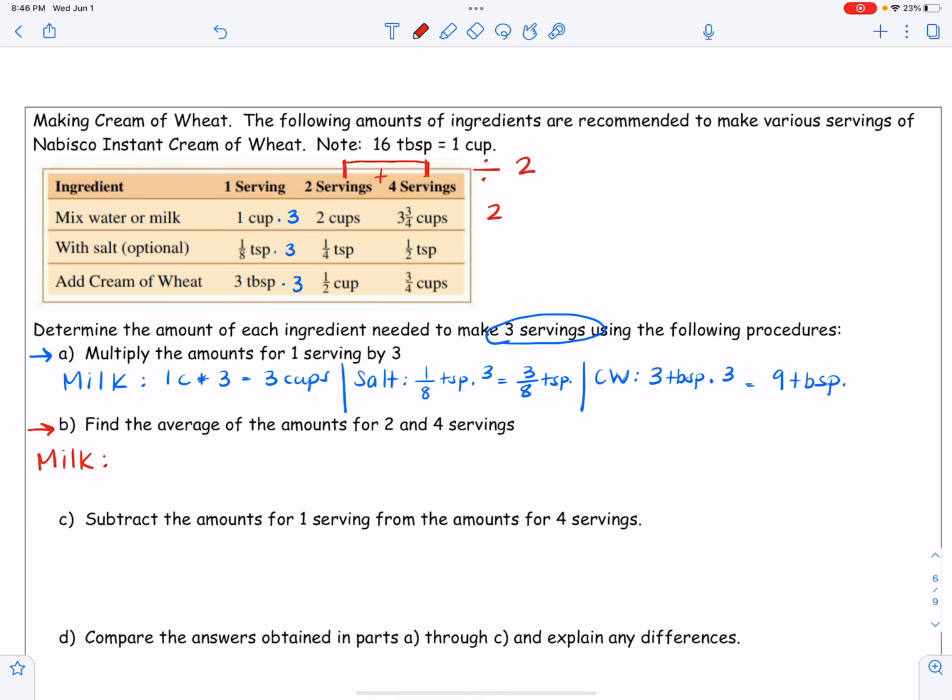So I've got 2 cups plus 3 and 3/4. That's going to tell me that I need 5 and 3/4 if I put those 2 things together. But remember, we're trying to average, so we now need to take that and divide it by 2.